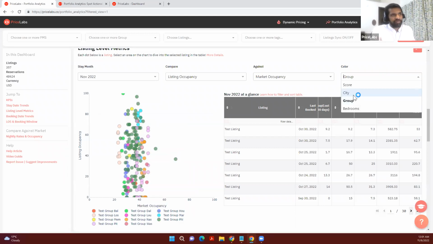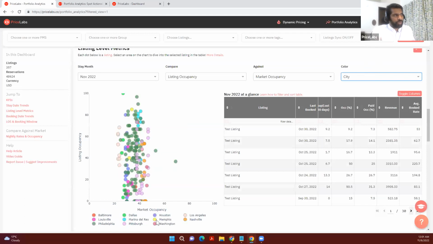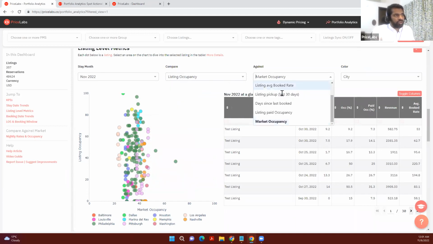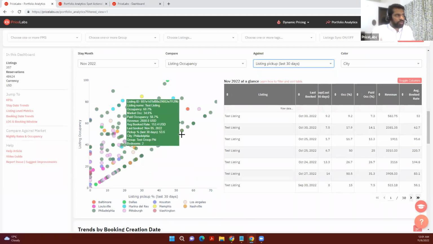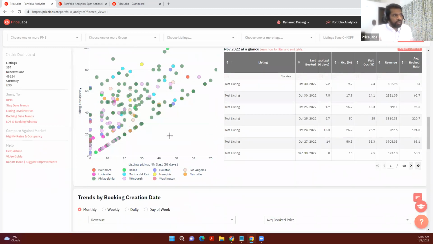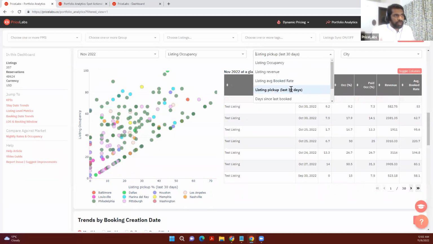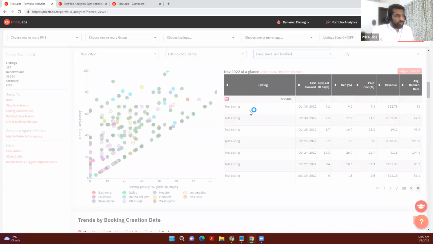I can see whether certain groups are performing badly altogether. Or if I had listings in multiple cities, I can group them by city to see whether certain cities are performing badly. And I can not just compare my listing occupancy, but compare it against various kinds of metrics. For example, listing occupancy versus my listing pickup, so I can see whether certain listings are doing good or bad. I can also see days since last booked.